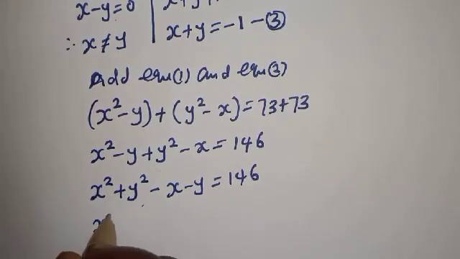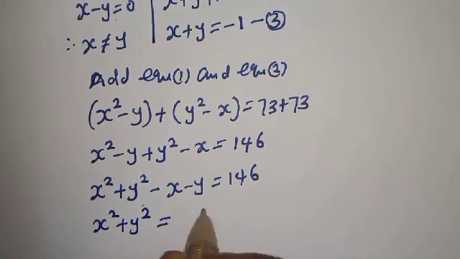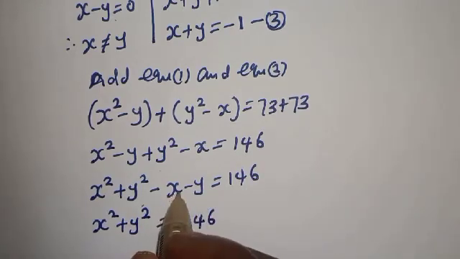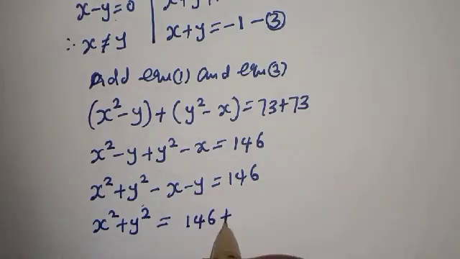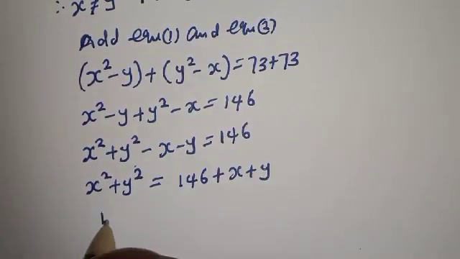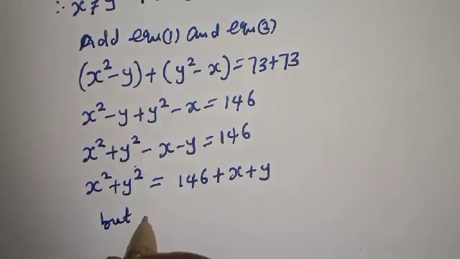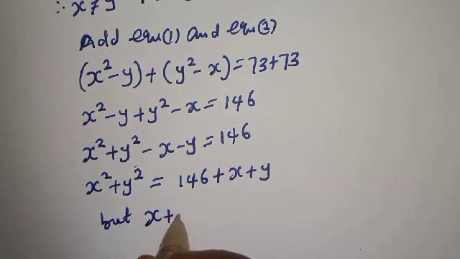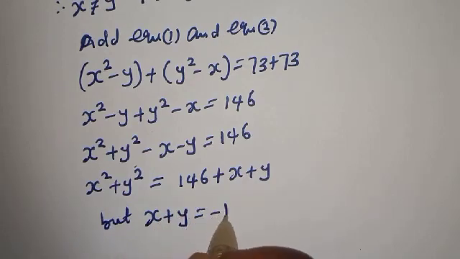Now x squared plus y squared is equal to 146. If you take this to the other side, it becomes plus x plus y. But x plus y is equal to minus 1.